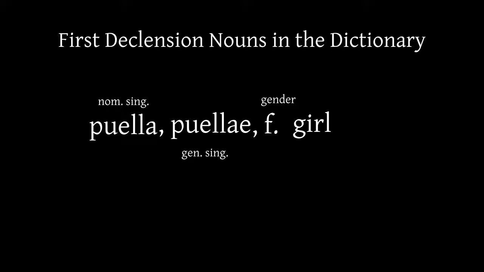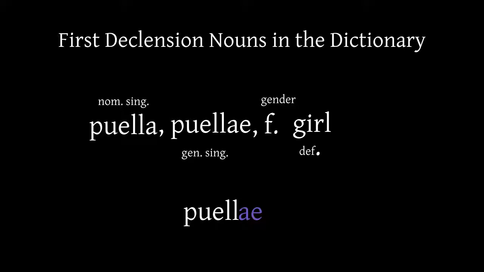Obviously, what you're looking for in the dictionary is the meaning. So that's the final component that you'll see in the dictionary entry. So there's two parts to the genitive singular of puella. The first is puel, which is the stem, and then A-E, which is the ending.